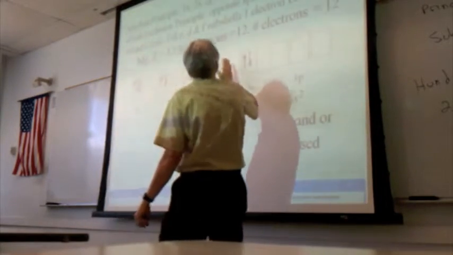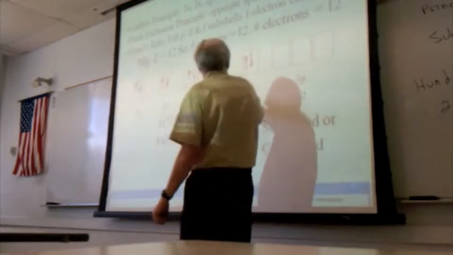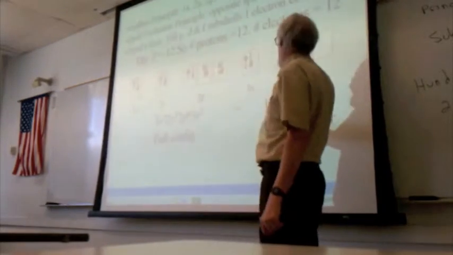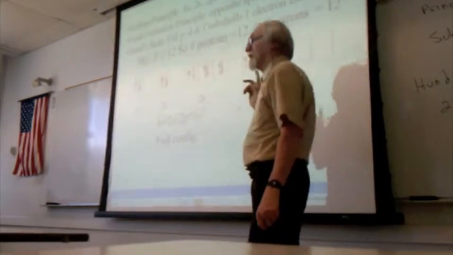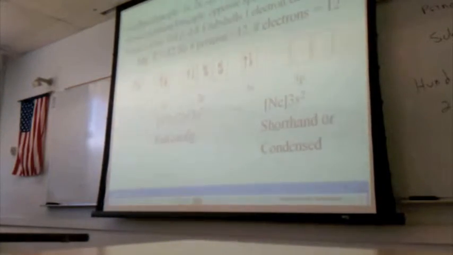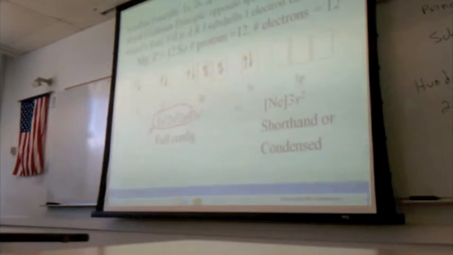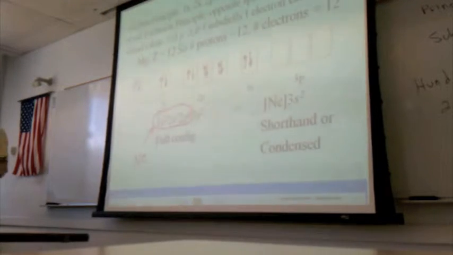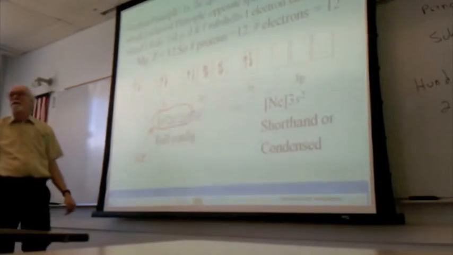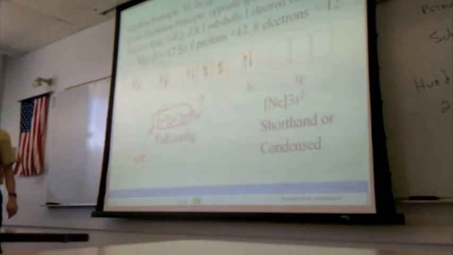And that is, you take the previous noble gas before magnesium, put down neon, 3s2. A lot easier. Remember, this is neon right here. So that's easy. That's how you use the periodic table, right?